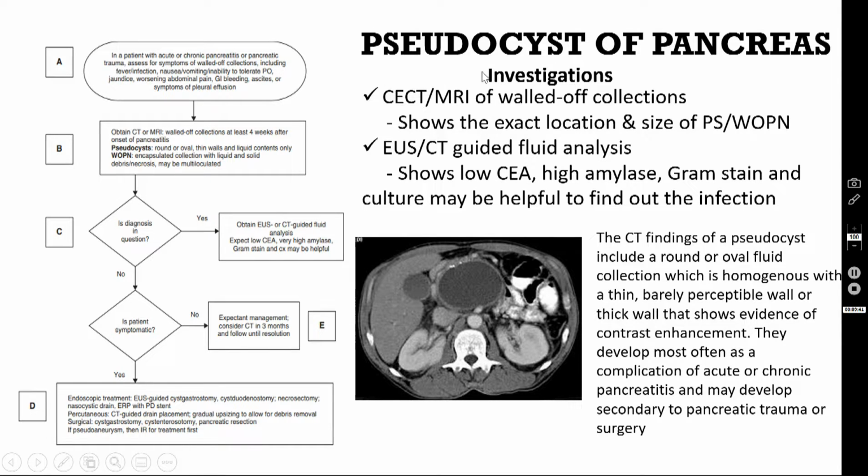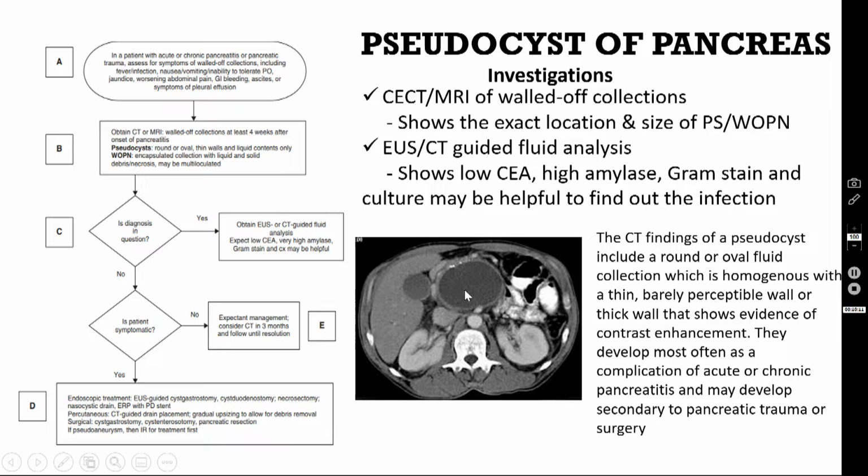Coming to the investigations, to begin with, you can do an ultrasound to confirm whether your patient is having a pseudocyst or not. Because if somebody is coming to you after a history of acute pancreatitis, 4 to 6 weeks after that, with a swelling in the epigastric region, you have to do an ultrasound to begin with to confirm pseudocyst.